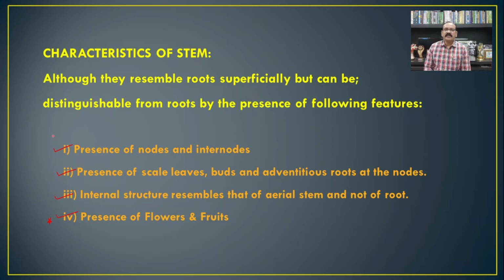If we find a leaf-like structure, but on that there is a development of the flower, then we must consider that it is a modification of the stem, but it looks like a leaf.